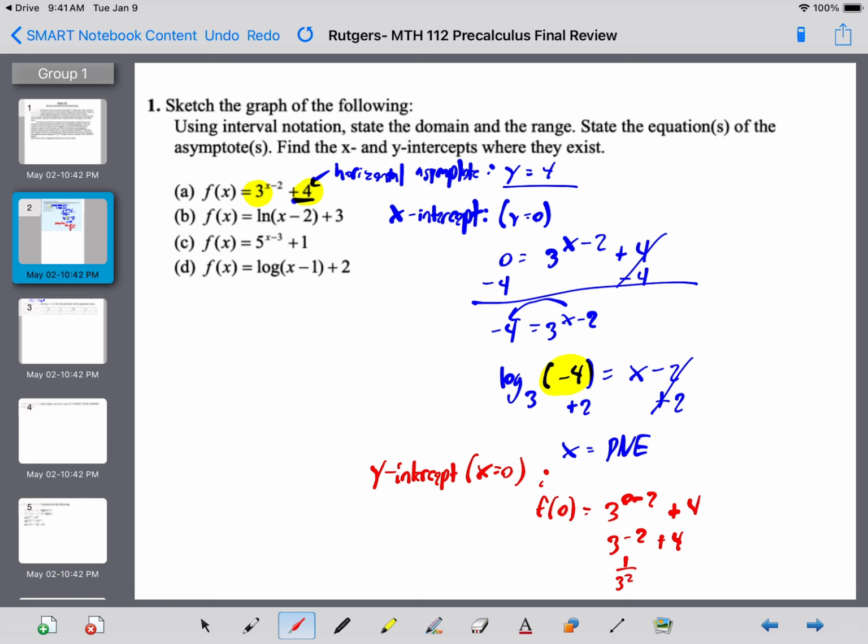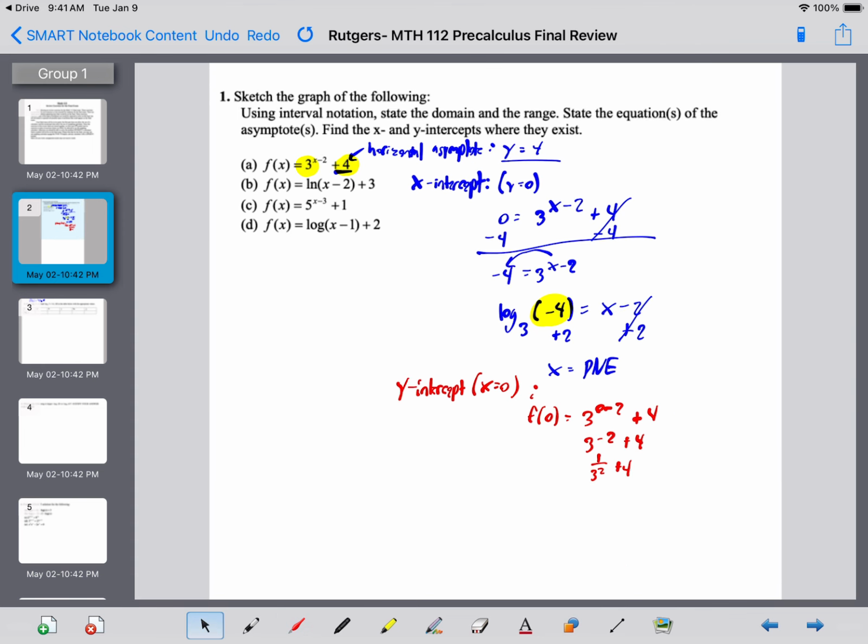That's what a negative exponent does. A little trick, if you ever see a negative on the exponent, make it 1 over. Plus 4, so that's 1 over 9 plus 36 over 9, because 36 over 9 equals 4, which would be 37 over 9. That would be your y-intercept.